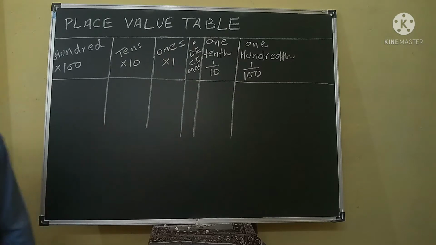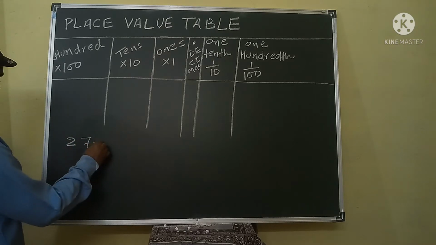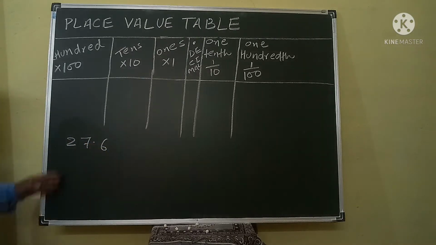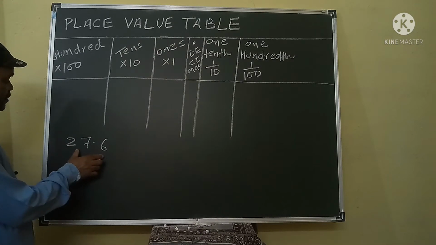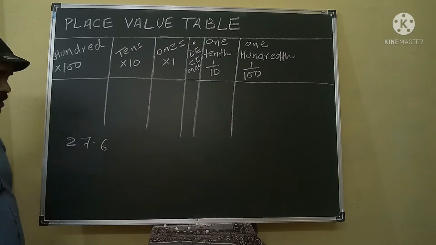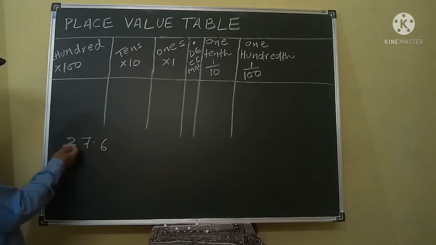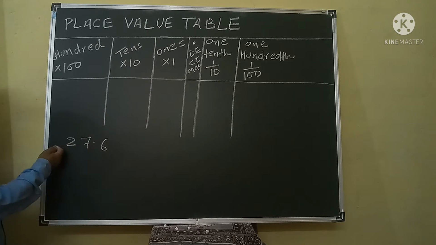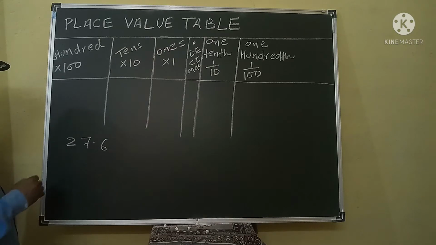Suppose you have one number, 27.6. I have one question: how can you write this number in a place value table? As you are looking, on the left side of the decimal are ones, tens, hundreds and so on.